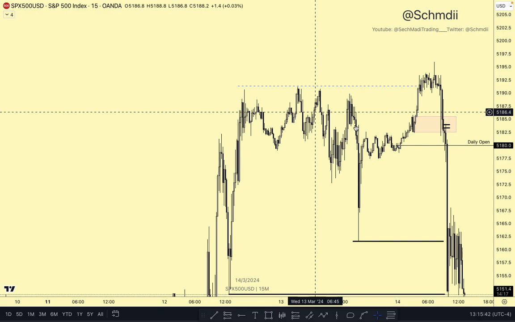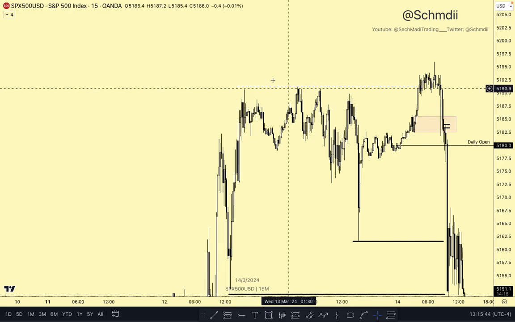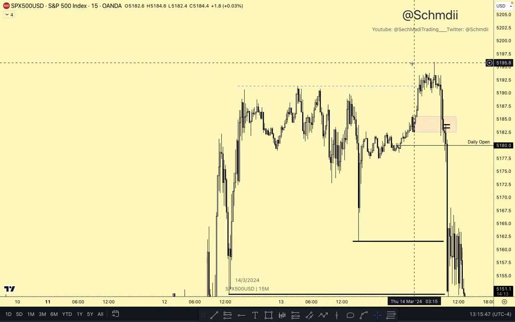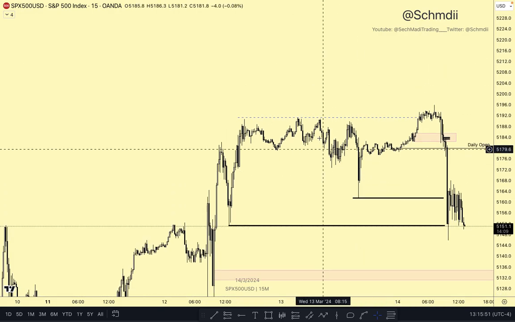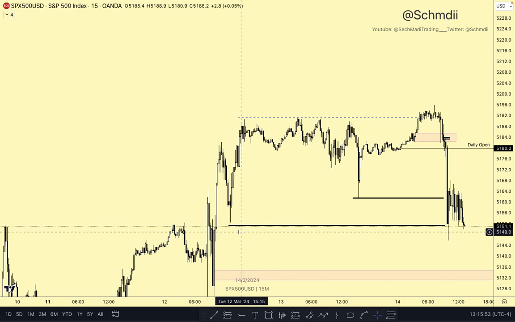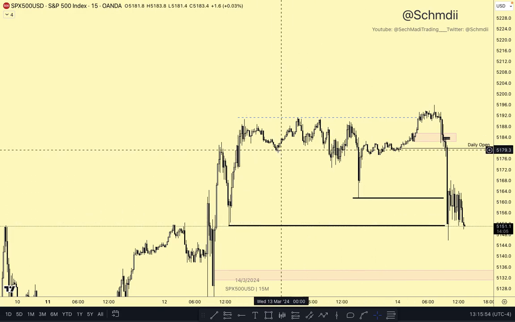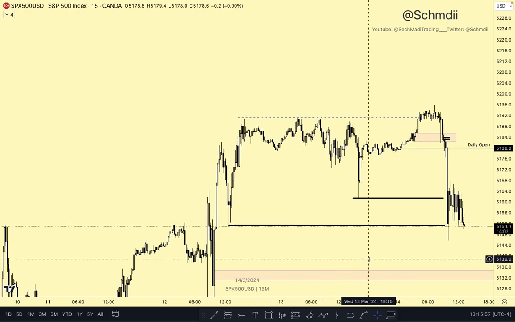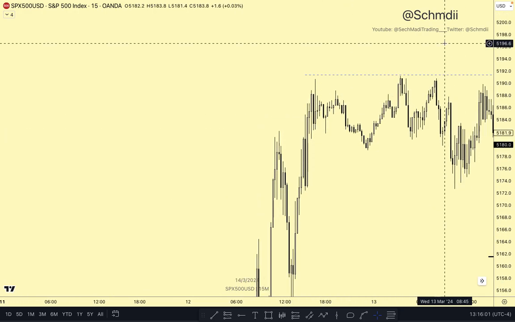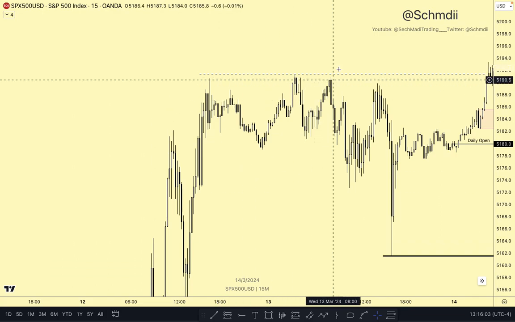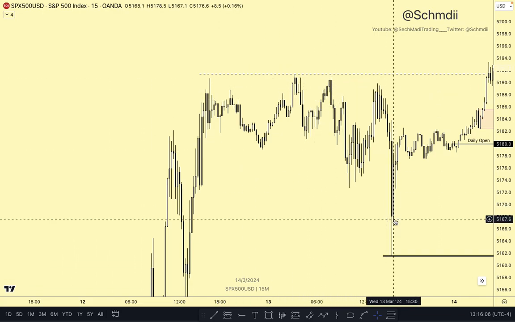I'd sell in this area here, with my stop losses placed above here, looking for price to sell off into at least down there, and so on. And if you did use that school of thought, you can see with this setup, it did play out. This particular one, it did play out.